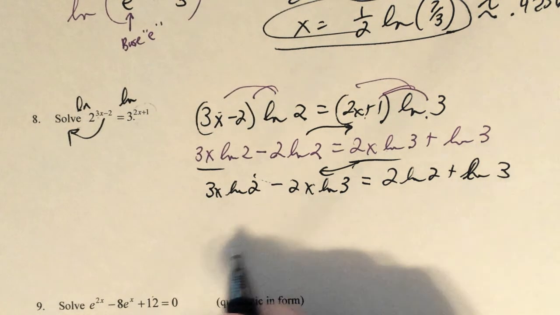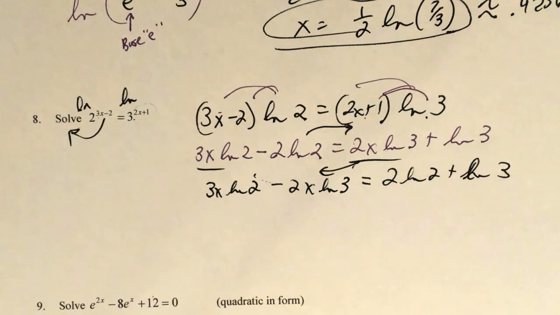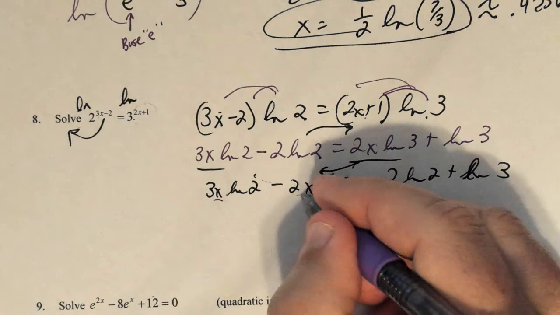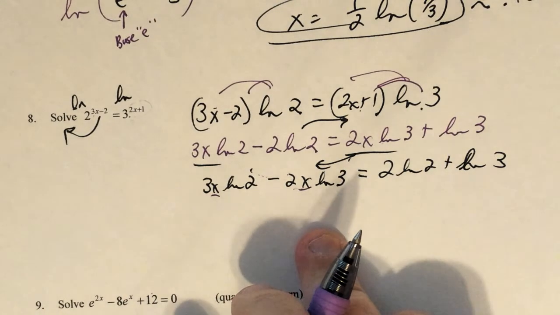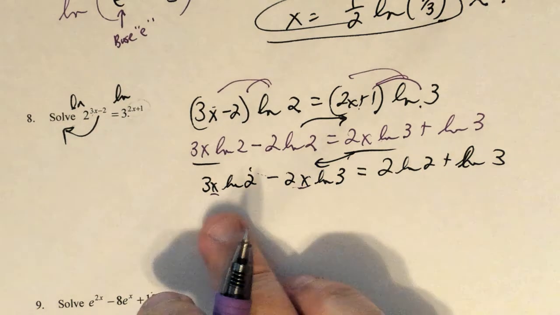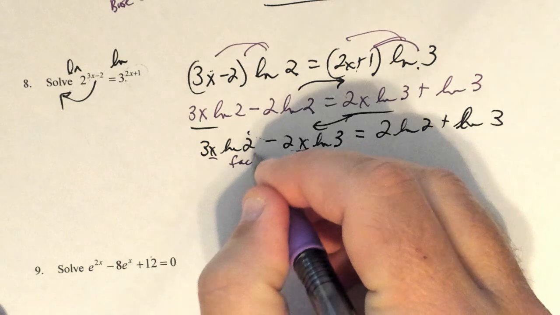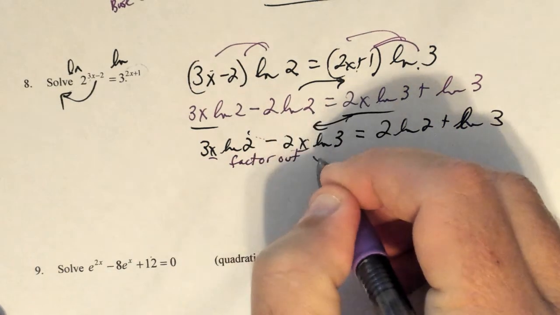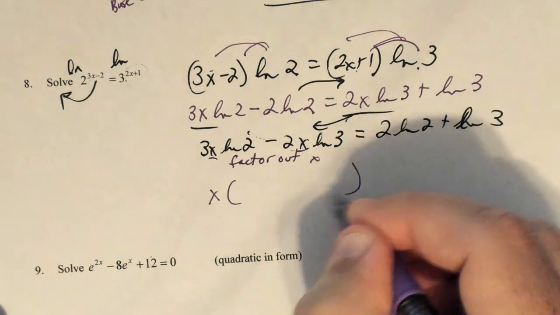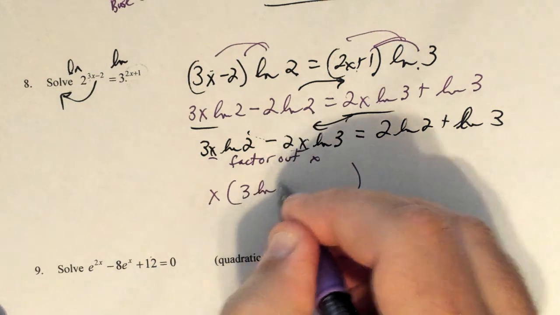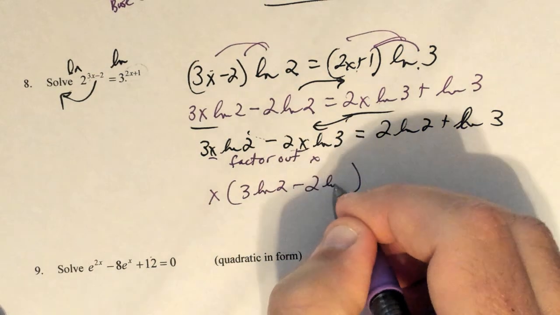Now, how do I solve for x? Well, notice this has an x and this is an x, but they are not like terms. So I cannot add them together or subtract them. But I can factor out the x. So I have 3 natural log of 2 minus 2 natural log of 3.